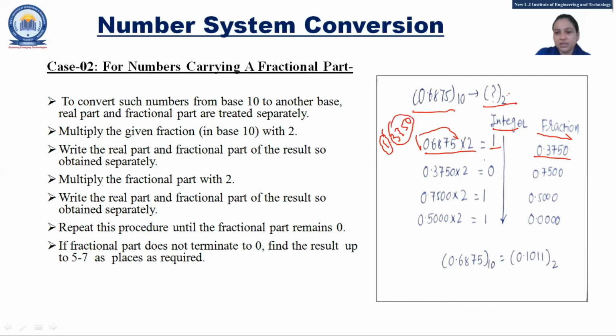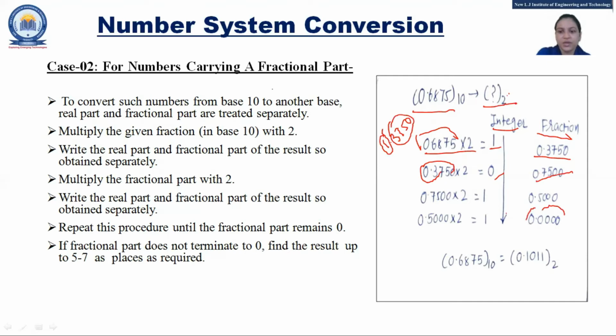Now consider this fraction part. We have to again multiply with 2, and for that we get the integer as 0 and the fraction is 0. So we have to keep on multiplying until we get the fraction as 0. Now here in this case we get the fraction as 0.